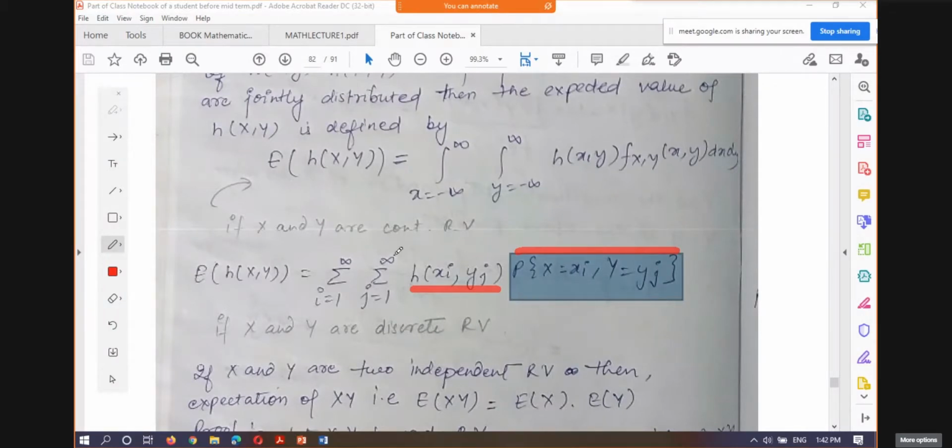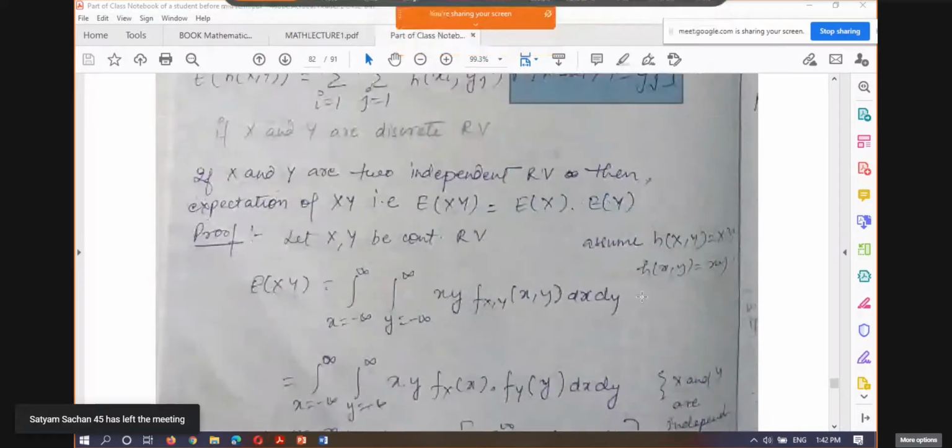Instead of integration we take two summations, ranging over all values of xi and all values of yj, and whatever this sum comes to is known as the expectation of the two discrete random variables x and y.